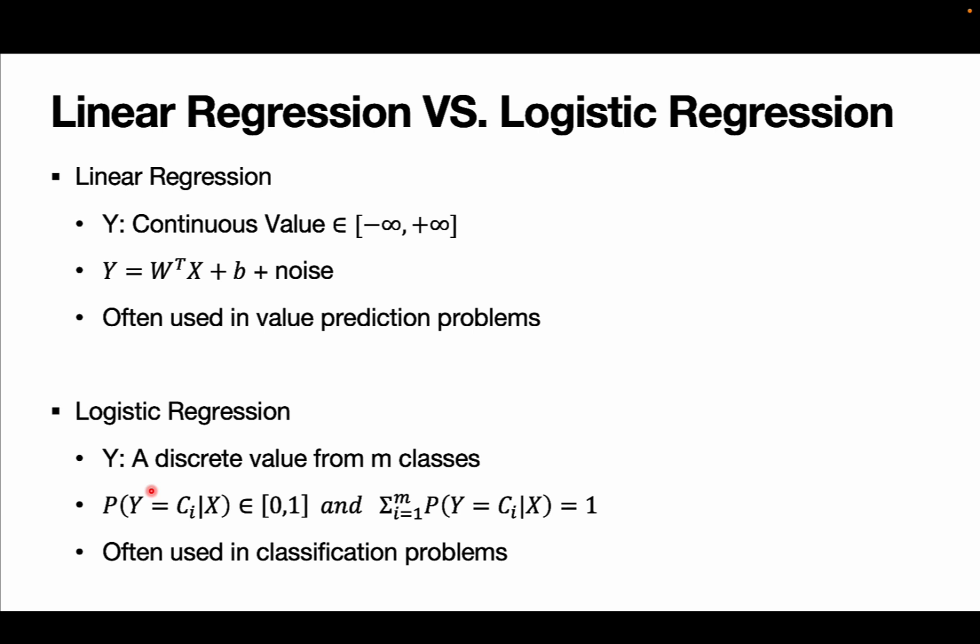The output is presented as a probability. So the closer the value is to 1, the more likely it is spam, and closer to 0, not spam. Some applications are spam detection, disease diagnosis, sentiment analysis, and so on.